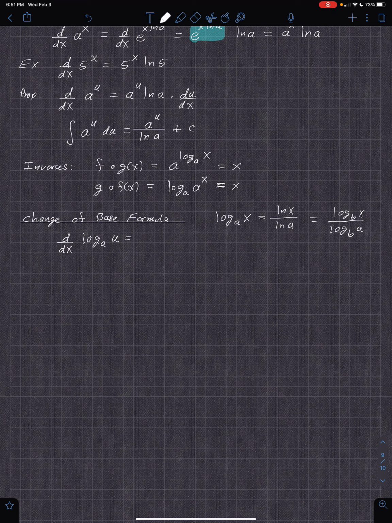You can just say that that's d/dx of ln u over ln a. So you'd get 1 over ln a times 1 over u times u prime. You would do the chain rule.